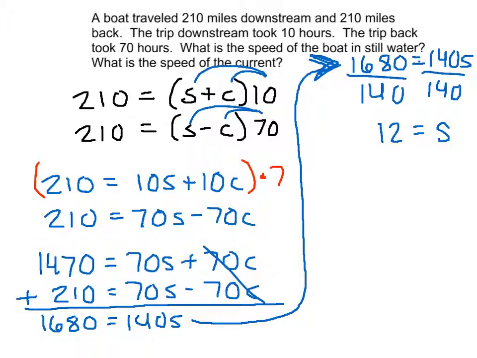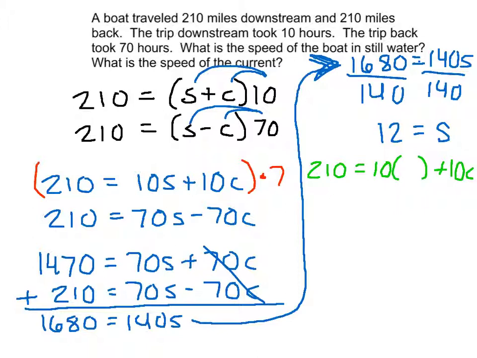So I'm going to do this in a different color just to distinguish that we have a new equation going on here. And I think I'm going to use this equation right here, before we multiplied by 7. So I'm going to plug it in there. So that gets me 210 equals 10s plus 10c.